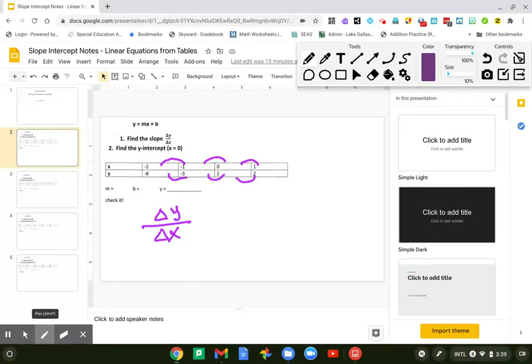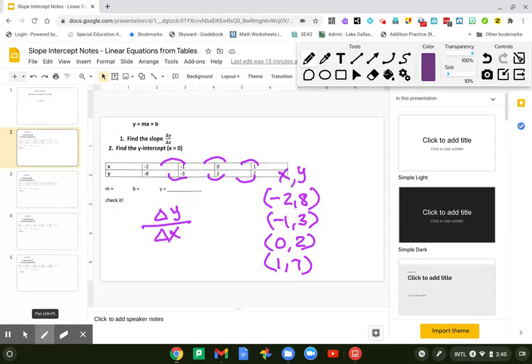Because all this here is our coordinates. This is -2, -8. This is -1, -3. This is 0, 2, and 1, 7. If I wanted to, I could plot these points on a graph, which you already know how to do. These are my x's, these are my y's.